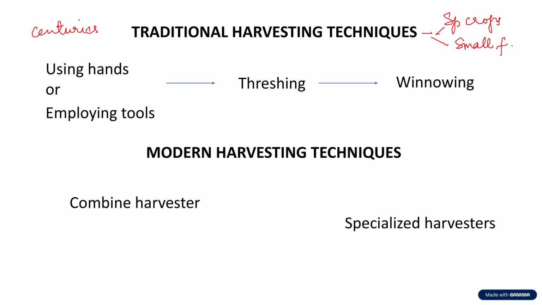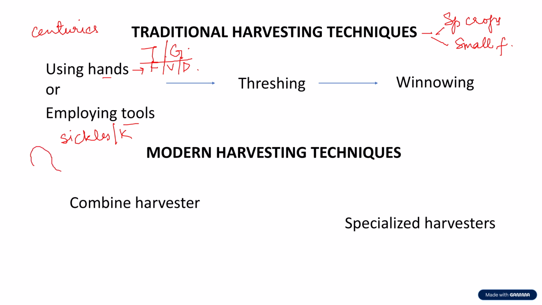It involves manual harvesting, which involves laborers using their hands or employing tools. By using hands, they harvest fruits, vegetables or delicate products such as tomatoes or grapes. They cut or pick them by hand and by employing tools such as sickles or knives.